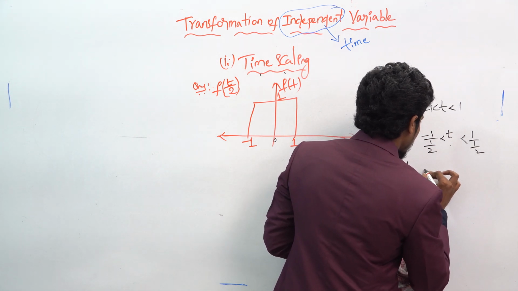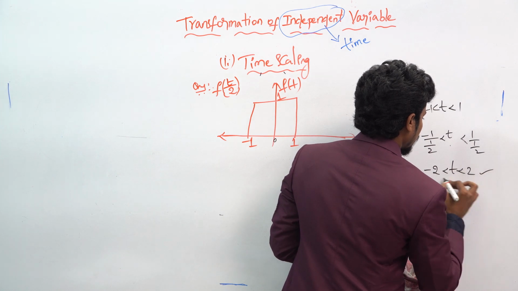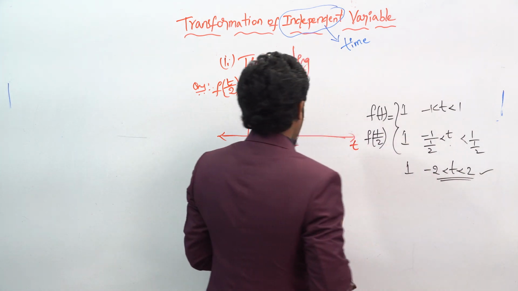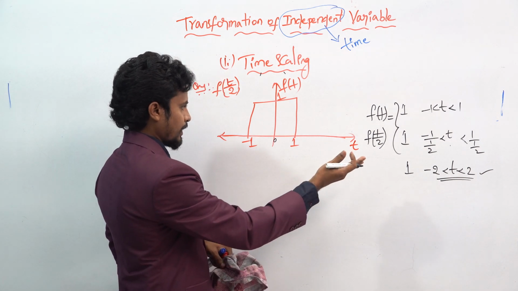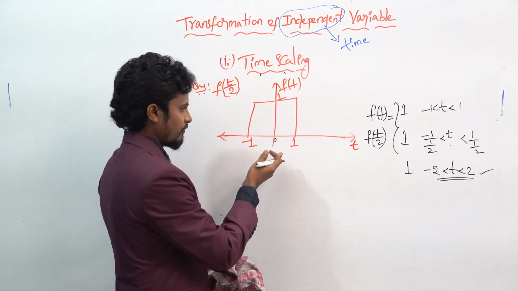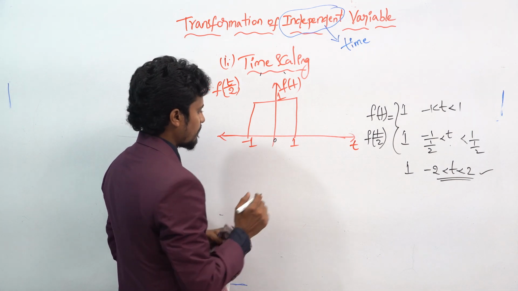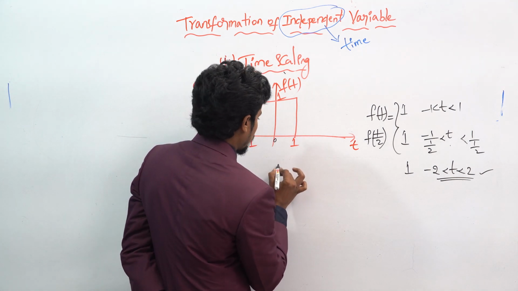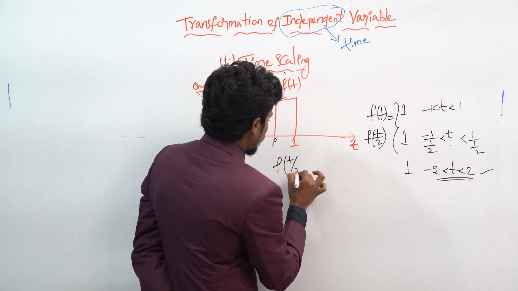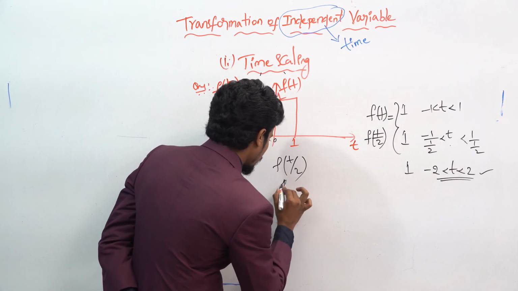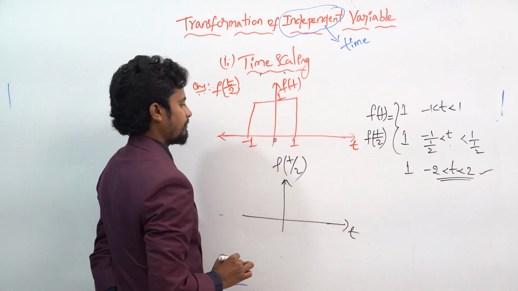This will become minus 2 and t in between 2. So we have to replace that minus 1 to 1 with minus 2 to 2. What will happen? This will be f of t divided by 2. Here this will be the plot, and here this will be the time period t.